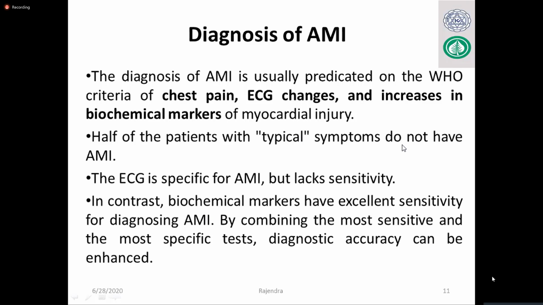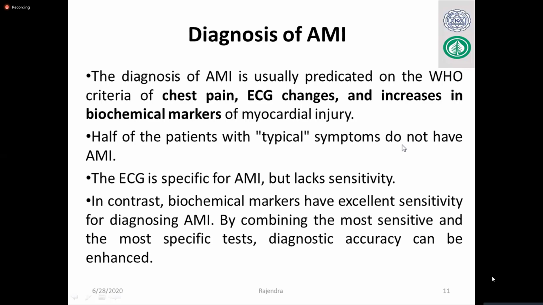It is saying that 50% of patients have symptoms of AMI but do not actually have AMI, because AMI sometimes has a very similar picture to gastritis. That's why it's very difficult.